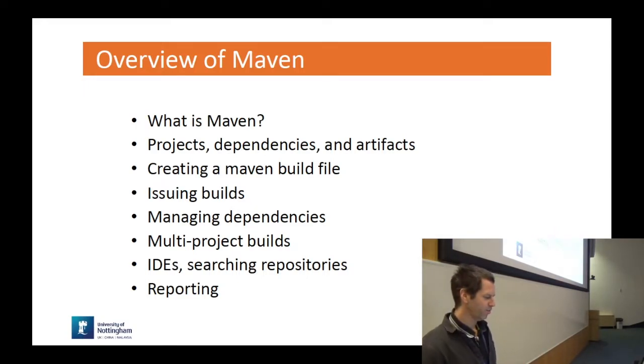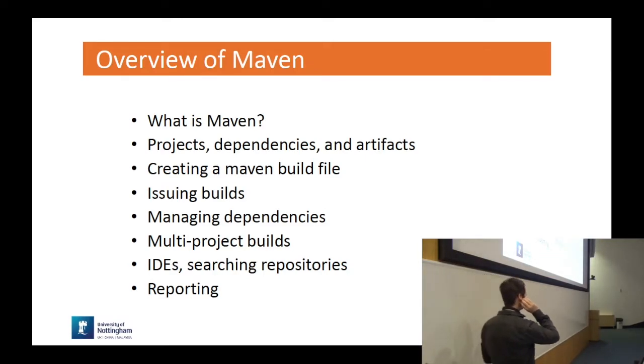And so-called artifacts. We're going to talk about creating a Maven build file, issuing builds, managing dependencies, multi-project builds. And specifically, we're always going to be thinking in the background a little bit about IntelliJ, which is our chosen IDE for this module. No pun intended. And reporting.